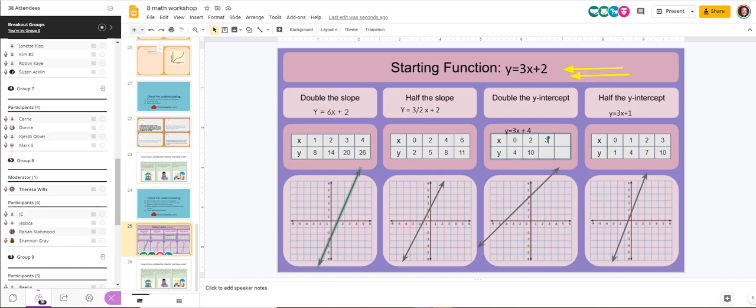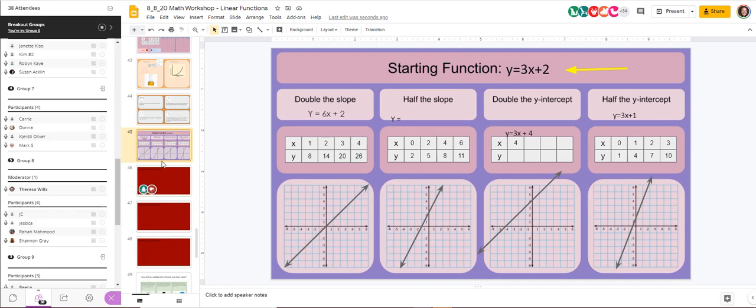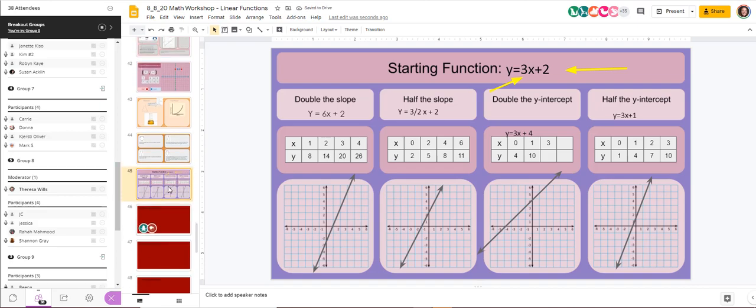I could say, okay, they didn't have to do half, they had to do double, but I could look and see what changed and then use that to get me started. And then hopefully from there, filling out the table, I'm able to do using my knowledge of input-output.